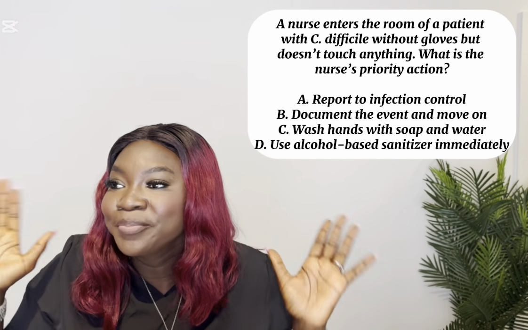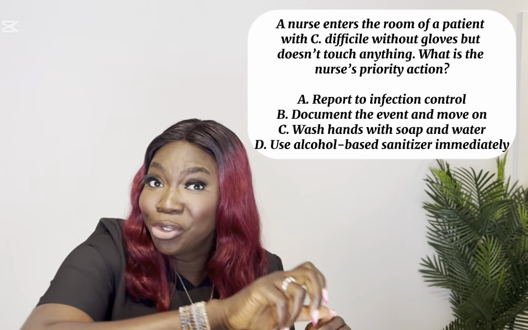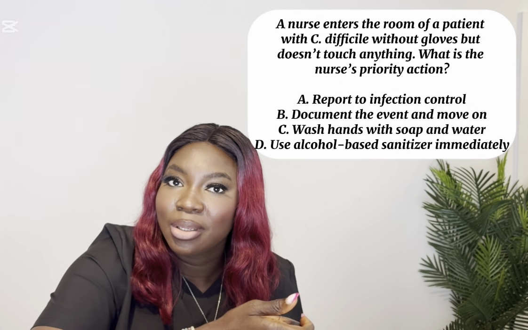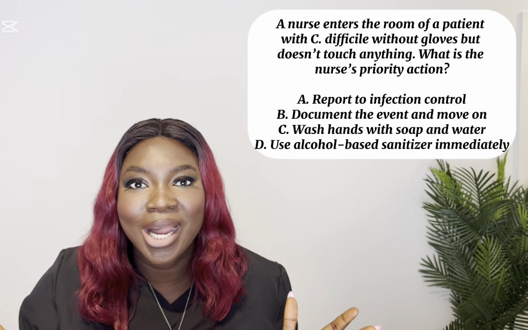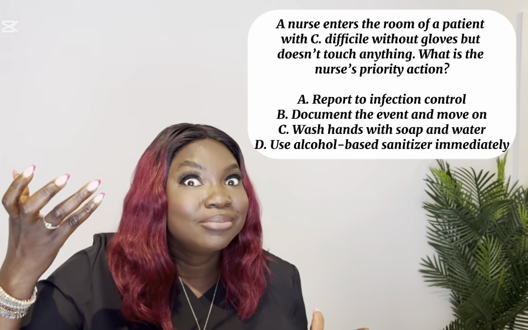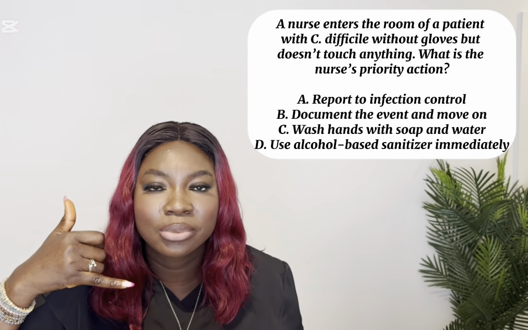So you came out, and instead of washing your hand, you went to pick up your phone, and you've contaminated your phone to call infection control. That's not the immediate priority.